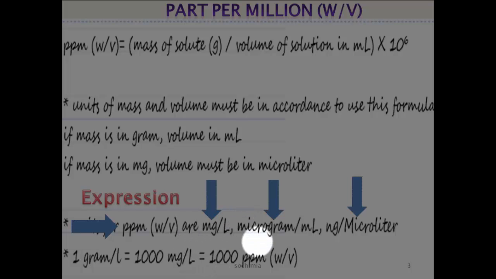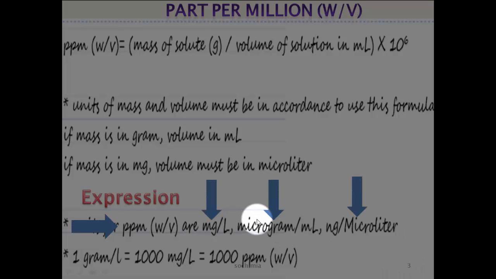We can say if there is 1 milligram of solute per liter of solution, then it will be referred to as 1 ppm. And if there is microgram per ml, that is also ppm. So we have basically decreased the concentration term by 1000 times, milligram to microgram, and similarly we have changed liters to milliliters here.